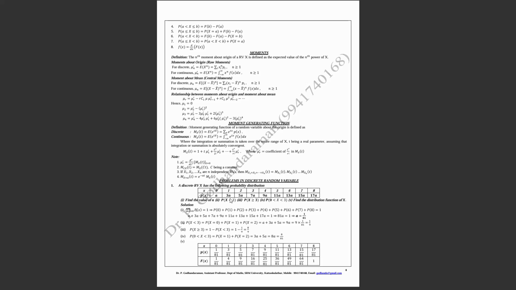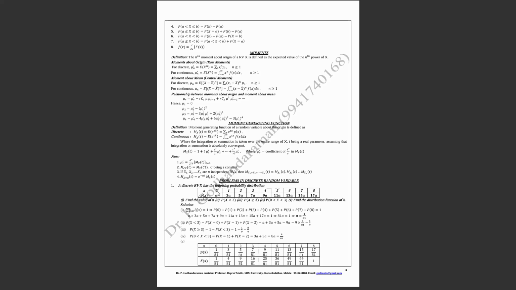The second solution, p of x less than 3. So x less than 3, we have to find the values below 3, not including 3. How many values are given? The x values are 0, 1, 2. So x less than 3 is x equal to 0 plus x equal to 1 plus x equal to 2.